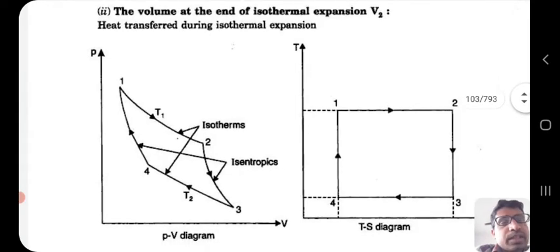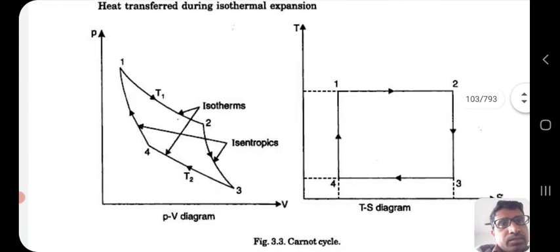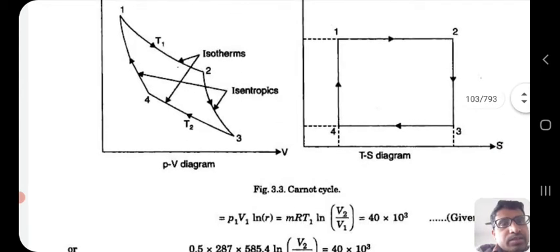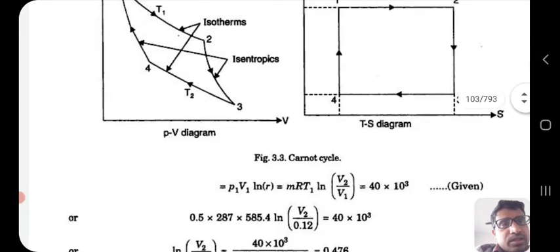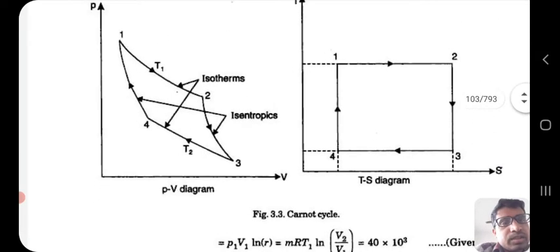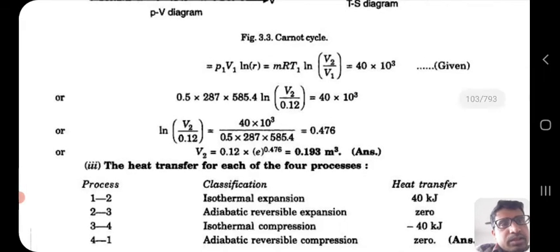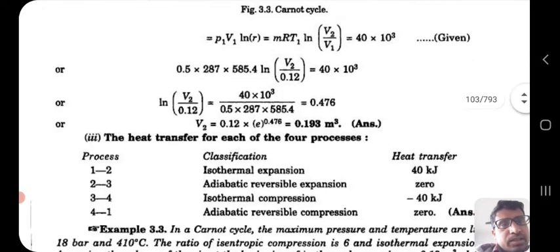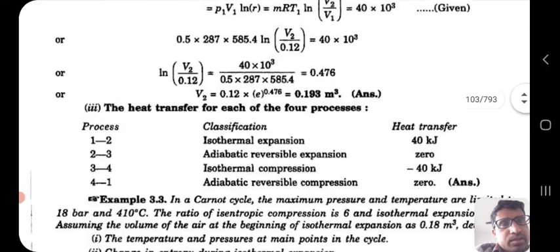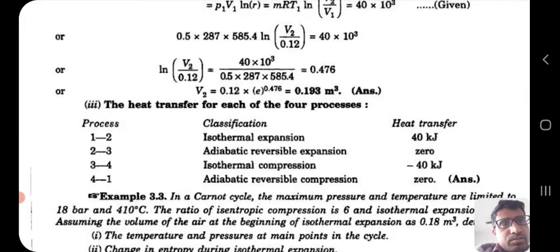The volume at the end of isothermal expansion, V2. Heat transfer during isothermal expansion: P1 V1 ln V2 by V1, that is m R T1 ln V2 by V1. 40 into 10 cube equals 0.5 into 287 into 585.4 ln V2 by 0.12.